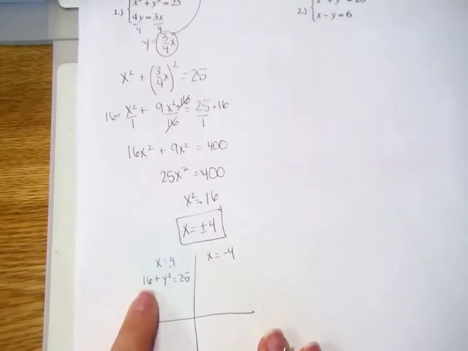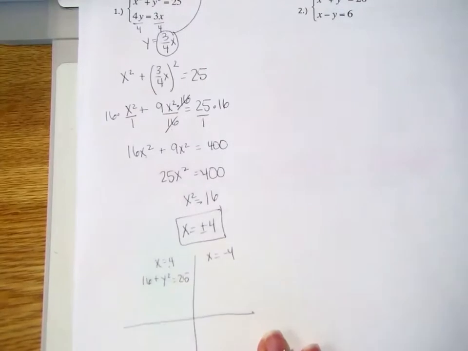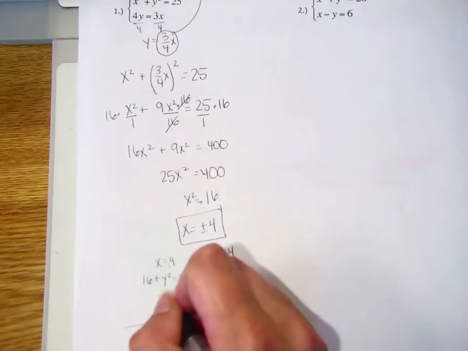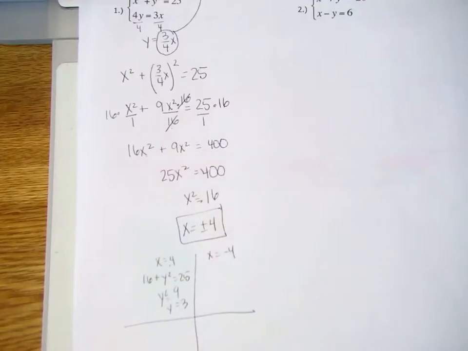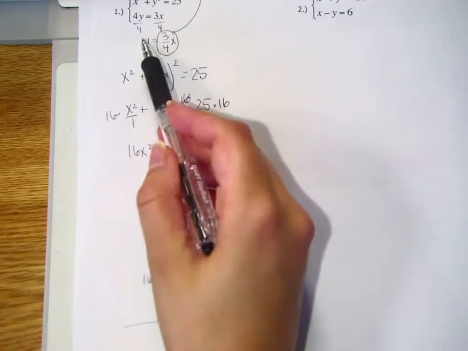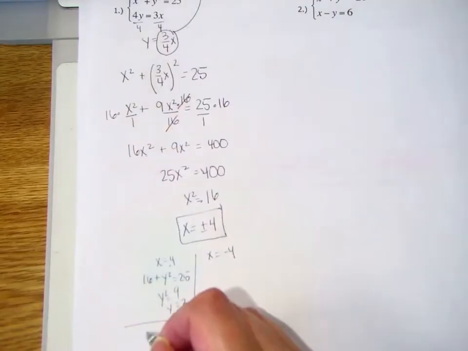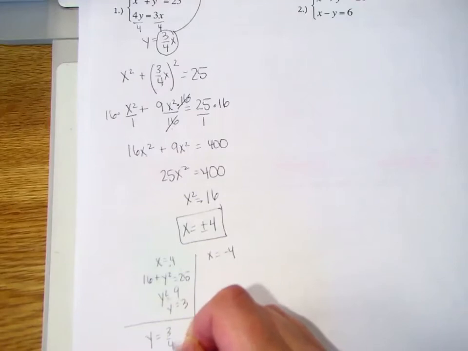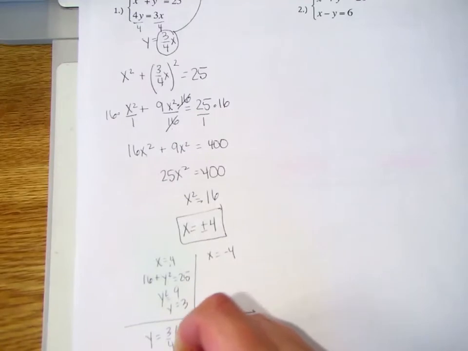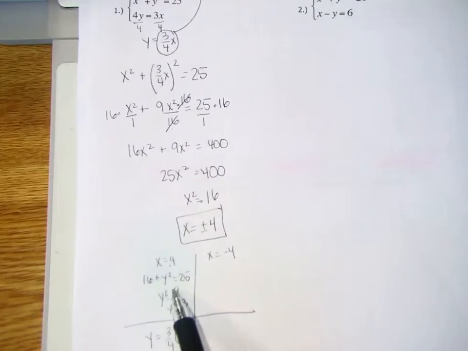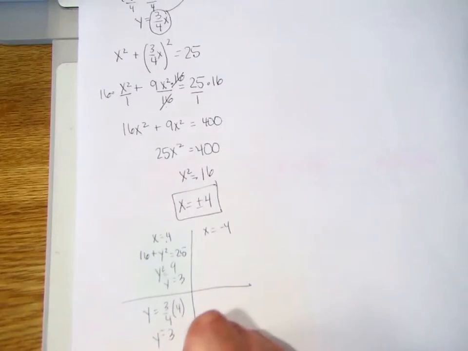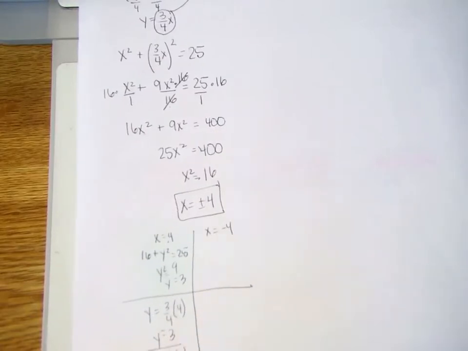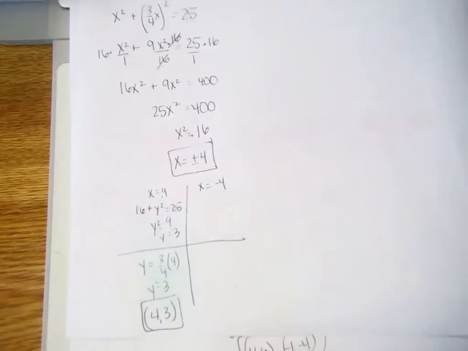All I need to do is subtract 16, which gives 9, and take the square root. When I plug positive 4 into the other equation, y equals 3/4 times 4, that gives me the y value of 3 again. When you take the square root of 9, I know it's plus or minus 3, but we want to pick the one that matches up here. So we want to pick the positive 3. So one of our solutions is (4, 3).